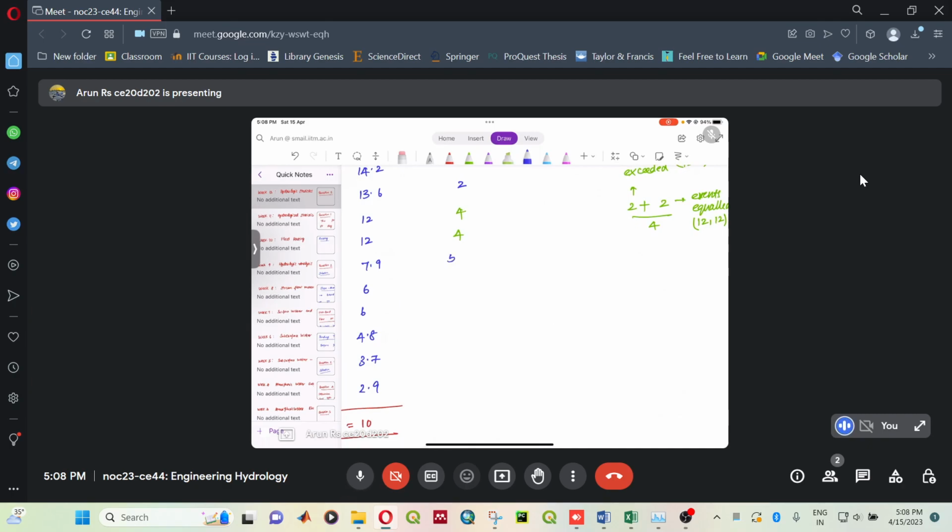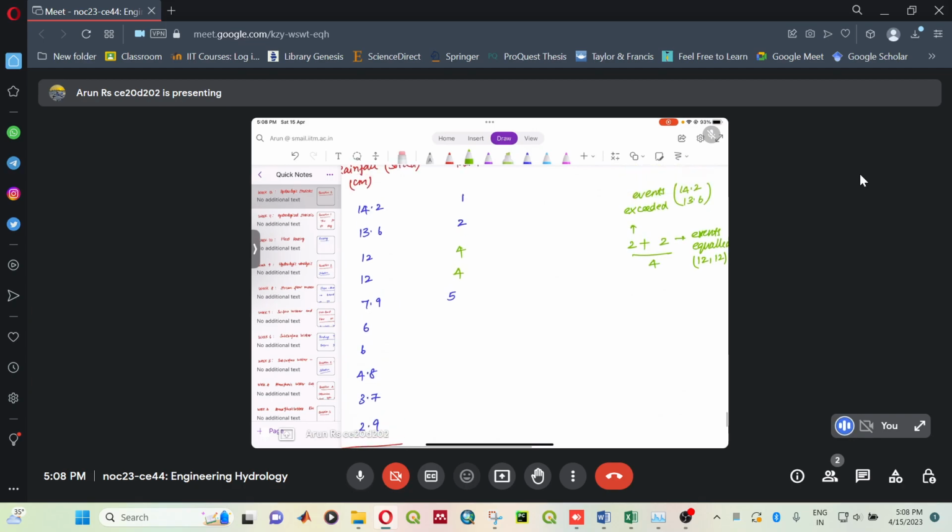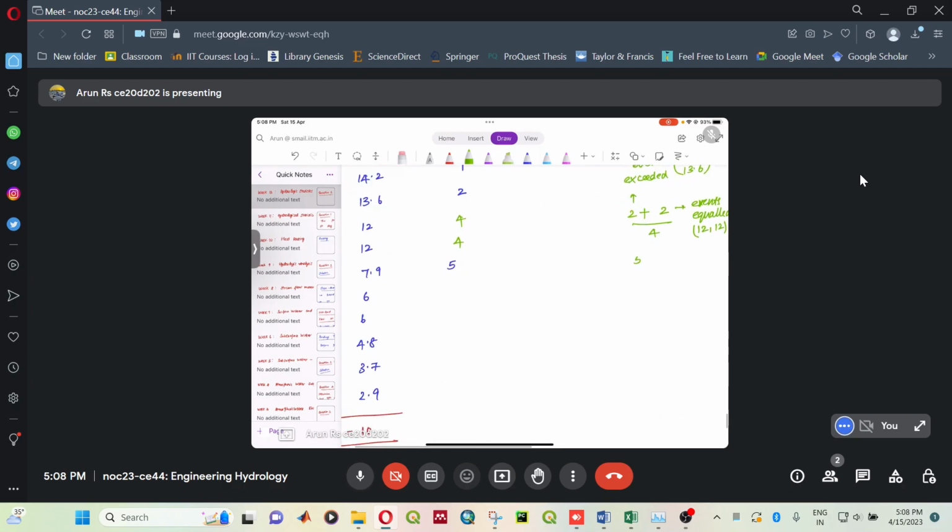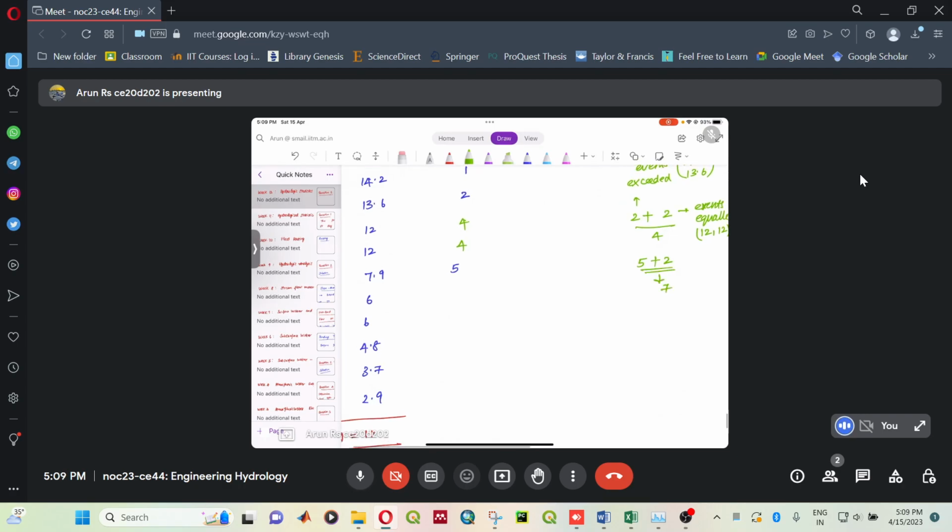Next we can continue with 5, again 6. For 6, the number of events exceeded is 5, and it is equaled twice, so the rank will be 7. So the rank is 7.